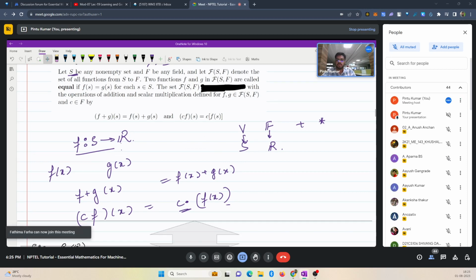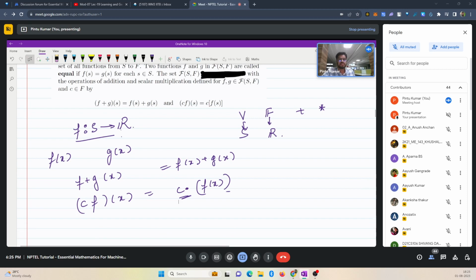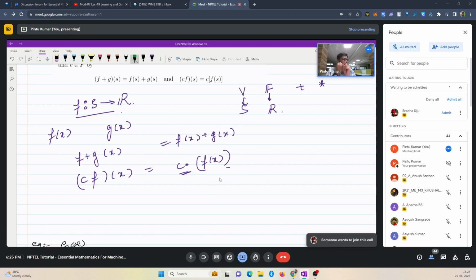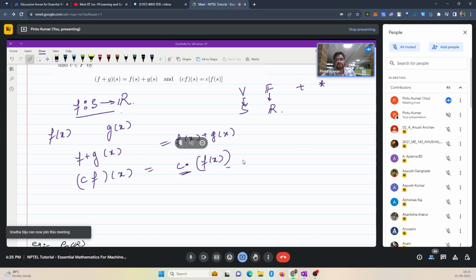Now, if you look at these two definitions of addition and multiplication, is it closed under these two operations? That is the first question that should come to our mind. Our first operation was addition. If you calculate f of x plus g of x, this is also a function.